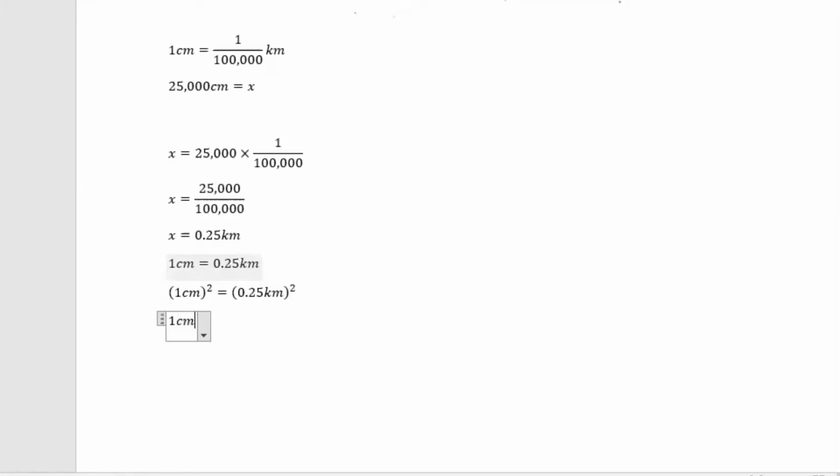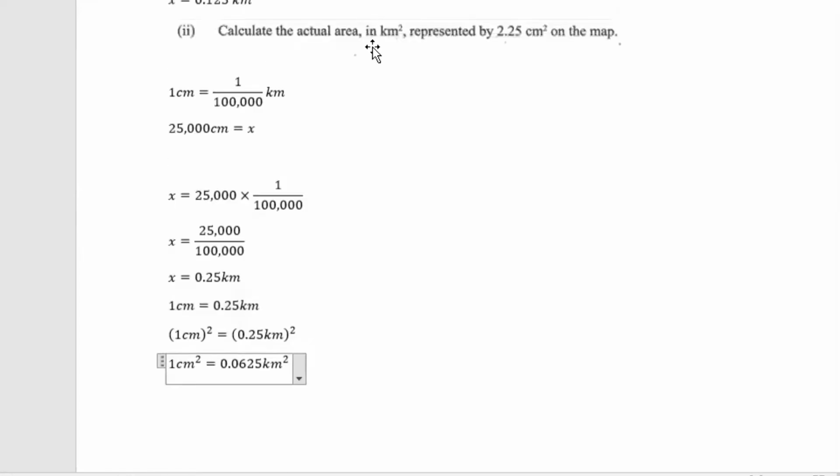When we square 0.25, we get 0.0625 kilometers squared. And the question asks to calculate the area in kilometers squared represented by 2.25 centimeters squared on the map.